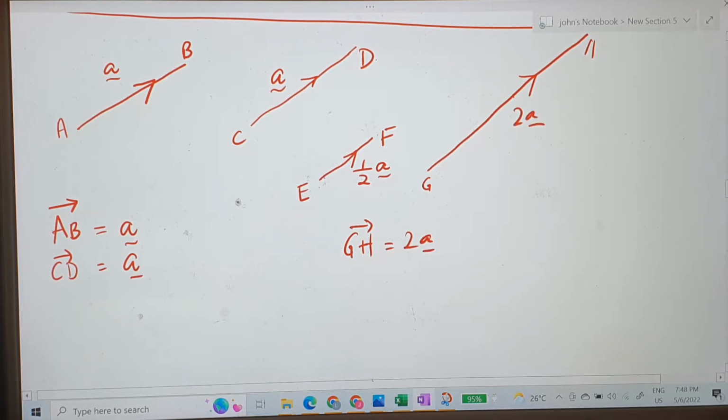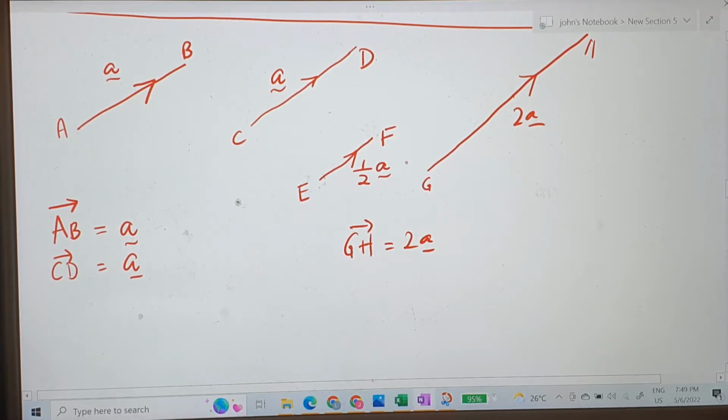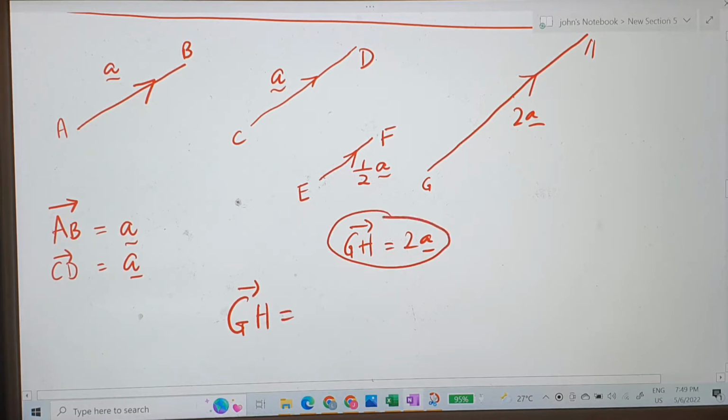Now what I'm trying to show here is that as long as two vectors are parallel or two lines are parallel, I can write, for example, GH is 2A. I can write GH is, for example, 2 times of AB.